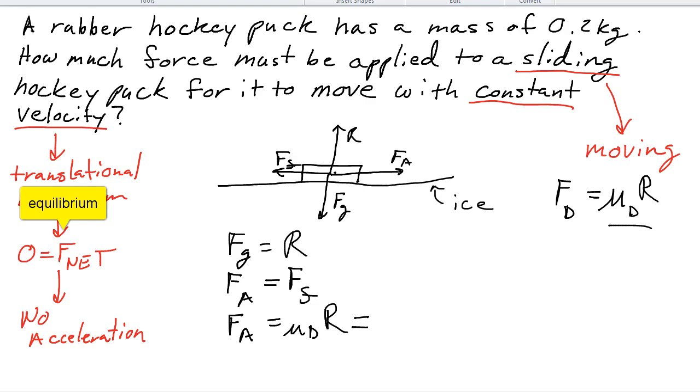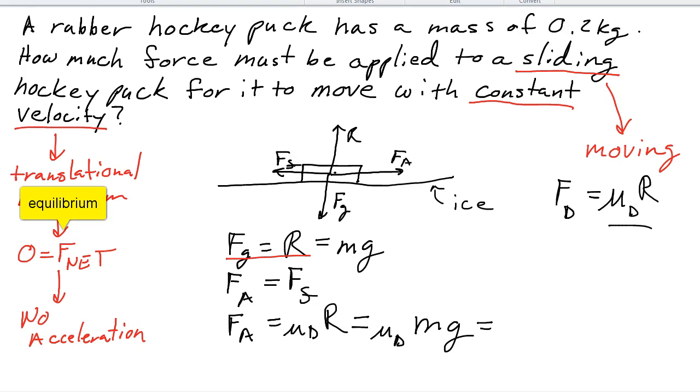What else do I know? I know that the force of gravity is equal to my reaction force, and I know that my force of gravity is mass times the acceleration of gravity. So I can do one more substitution, and I can put my numbers in now.